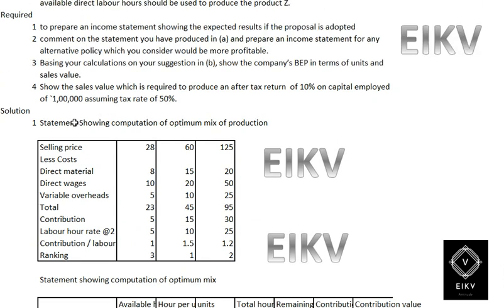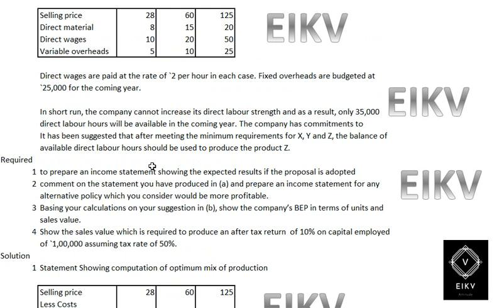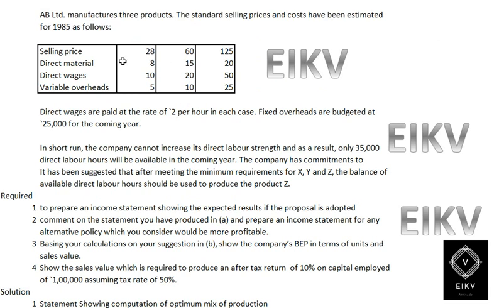So solution, first one, statement showing computation of optimum mix of production. We have selling price as 28, 60, and 125. Direct material 8, 15, and 20 as mentioned in the question.